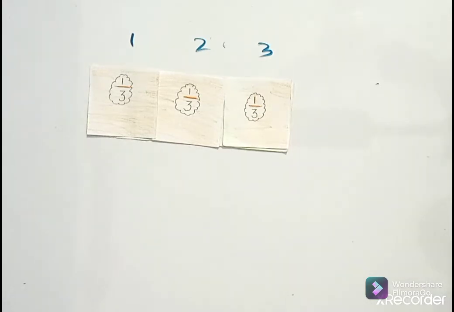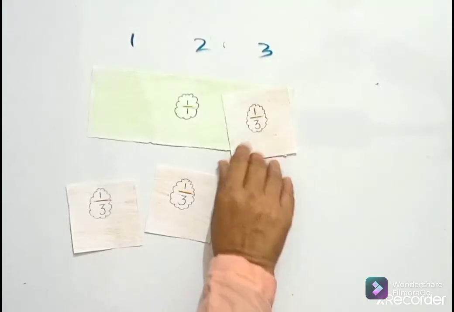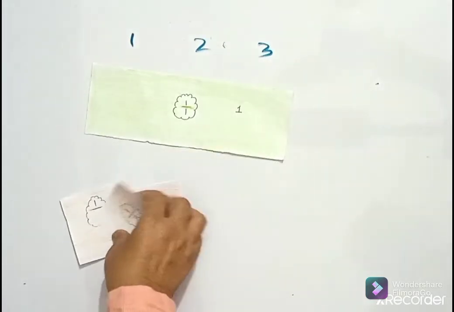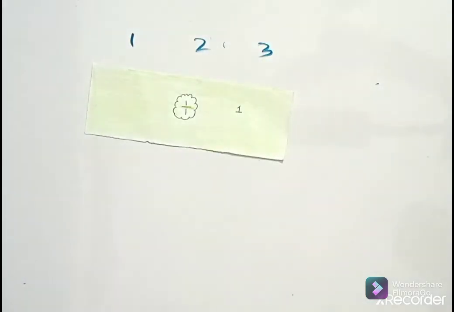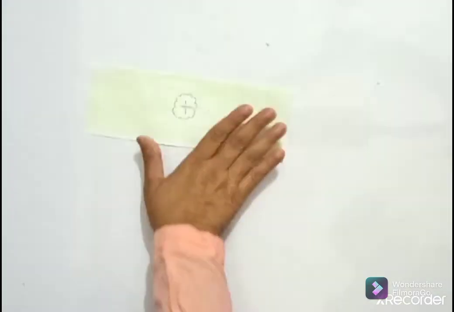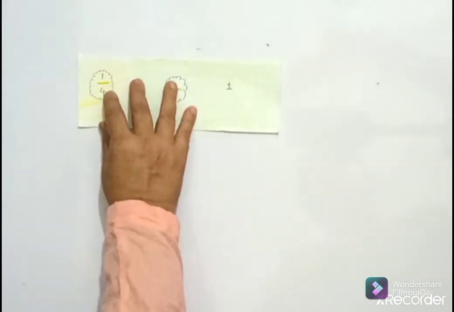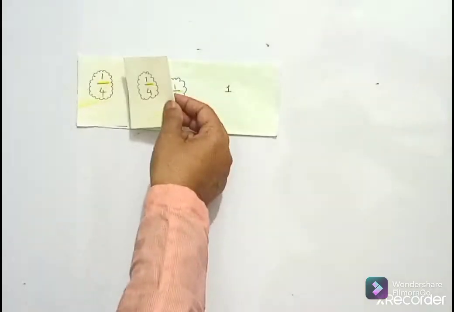Very good. In the same way, if you divide into 4 equal parts, think how many 1/4 make a whole? 1 over 4. This is a fraction of a whole.